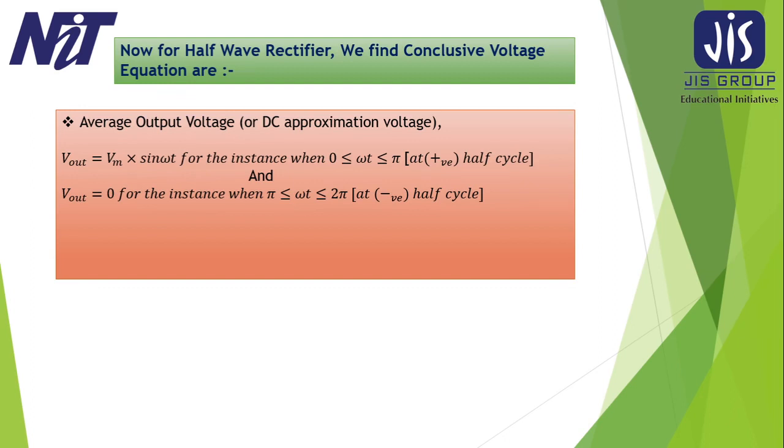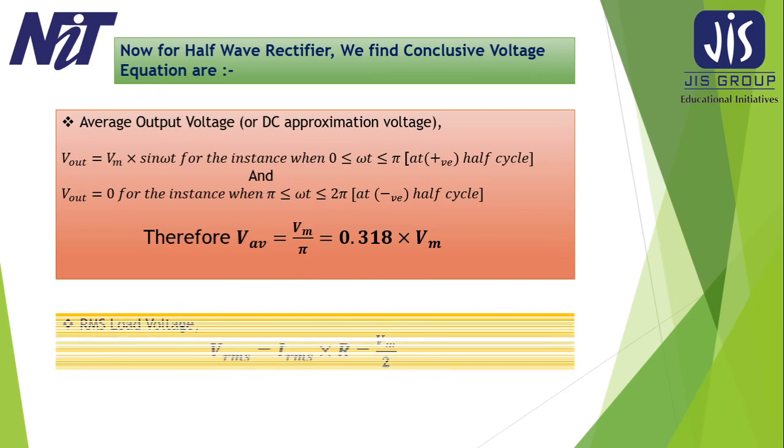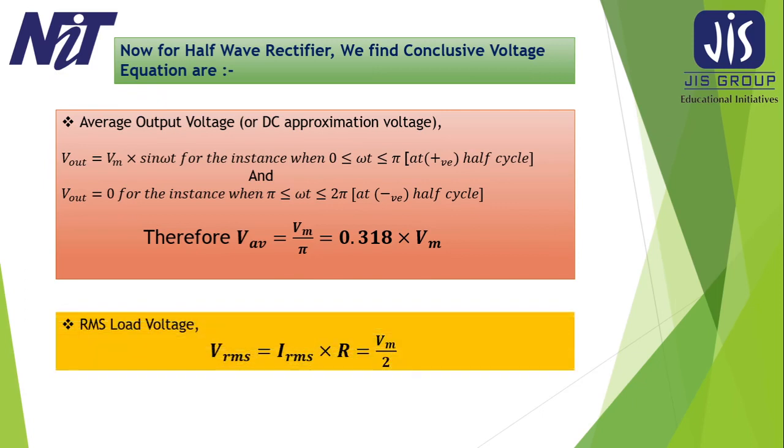That means this session is the negative half cycle, when the negative half cycle is fed into the rectifier block. Therefore we get V average equals Vm by pi, or you can say a factor of 0.318 is multiplied with Vm.